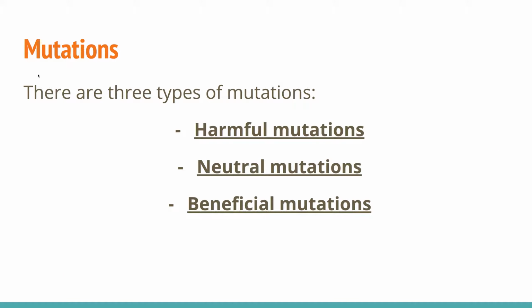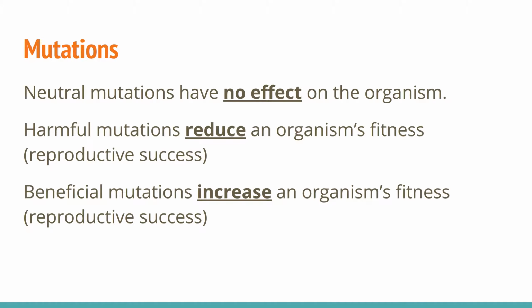There are 3 types of mutations. There are harmful mutations, like getting those cancer cells; neutral mutations, which don't really benefit the person; or beneficial mutations, which benefit them in one way or another. So we'll talk a little more about each one.